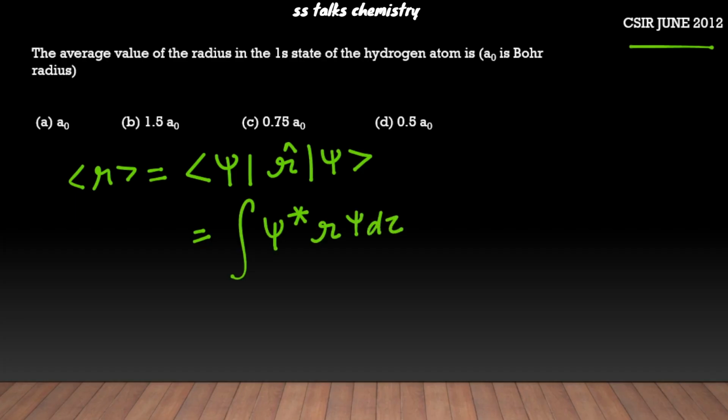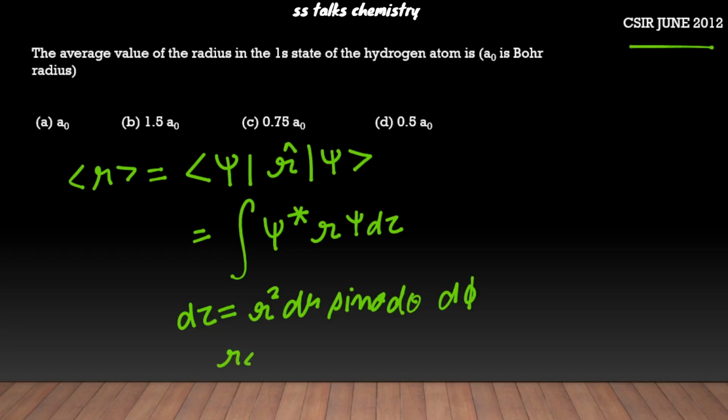For hydrogen-like atoms, d tau we talk in terms of polar coordinates. So r, theta and phi terms are included. d tau is r square dr sine theta d theta d phi, right? Limits for r lie between 0 to infinity, theta lies between 0 to pi, and phi lies between 0 to 2 pi.